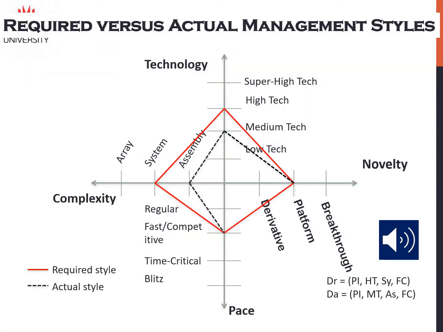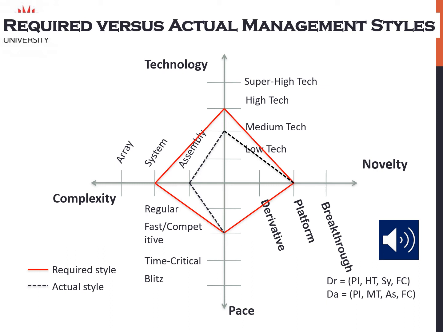For example, the diamond model can help us to map the gaps that exist in the project between the actual style and the required style. In this slide, we can see that the dotted lines represent the actual style of the project, and the red line represents the required style of the project.